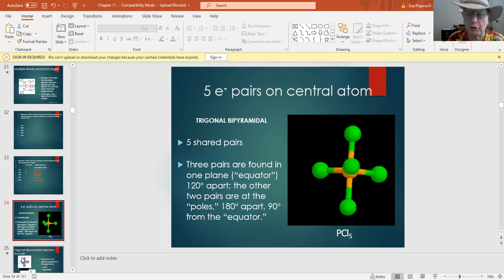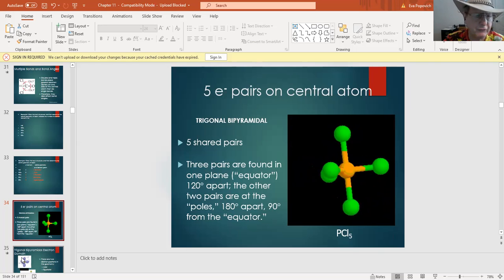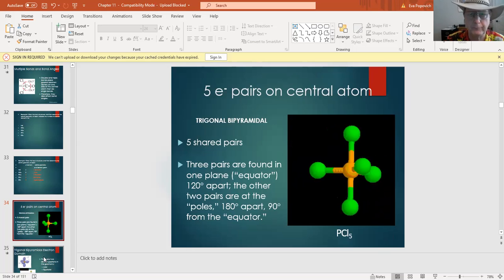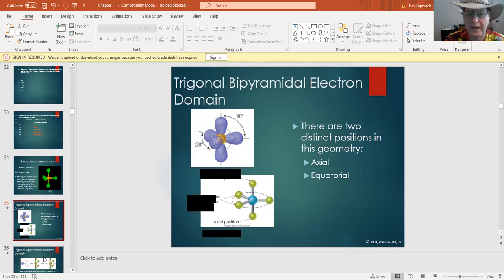So if you kind of look at this, it's like a trigonal pyramid on top of a trigonal pyramid. Hence the name. We have axial, which means the ones that are going up and down, and we have equatorial, the ones that are on the plane. When we go to replace these with lone pairs, the equatorial get replaced first.